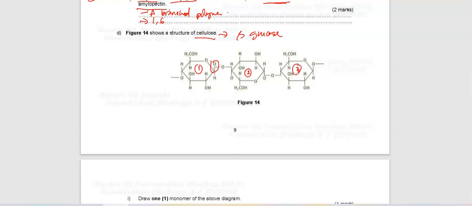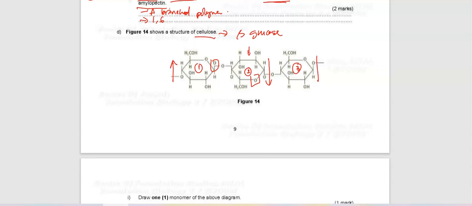If you look at glucose number 2 here, the beta glucose are arranged upside down relative to their neighboring monomers. The first glucose is arranged upright, the second monomer is upside down, facing downward, and then the third is upright, and so on. So they are arranged upside down with respect to their neighbor.